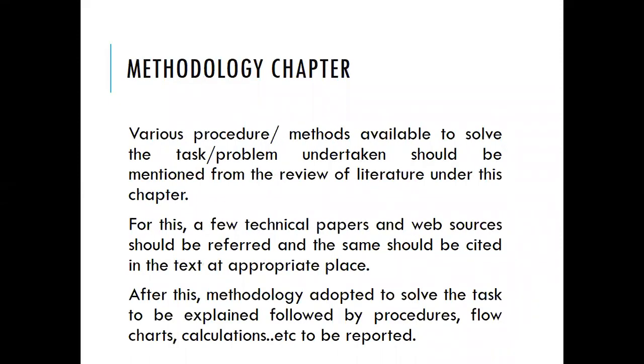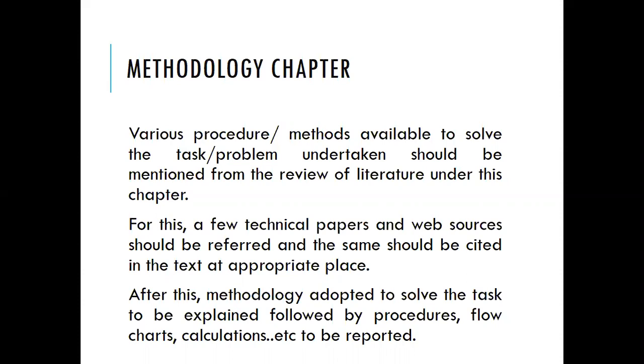Move on to the next chapter, that is the methodology chapter, where here you are going to make a mention of various procedures and methods available to solve the task problems undertaken, drawn from the review of literature, under this chapter. Supposedly, you have used primary data for your research or secondary data for your research. Now, complete information about that particular procedure or that particular method has to be mentioned.